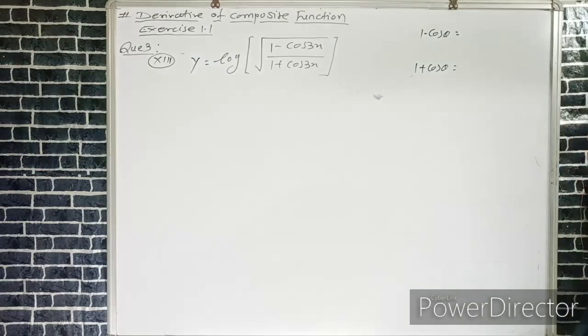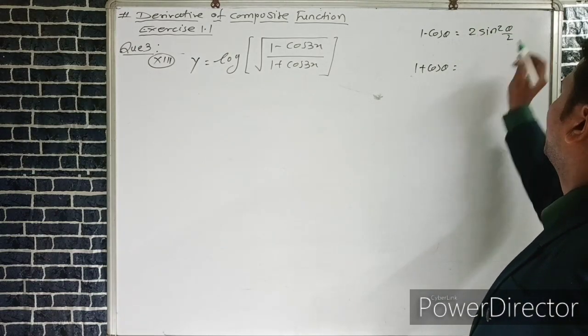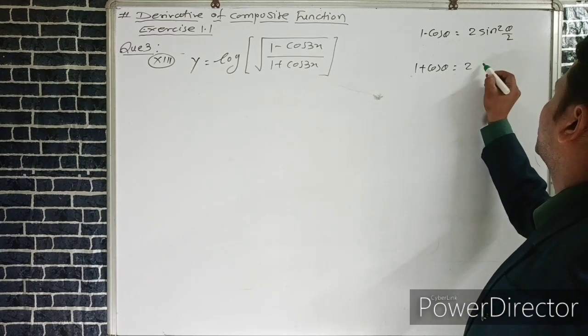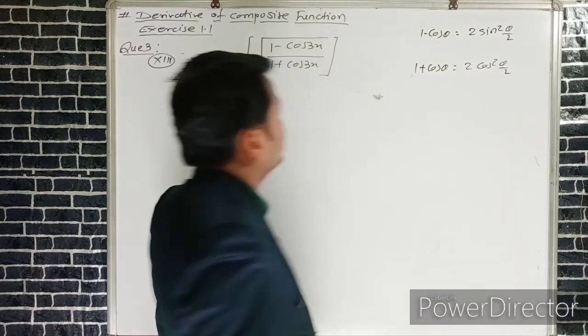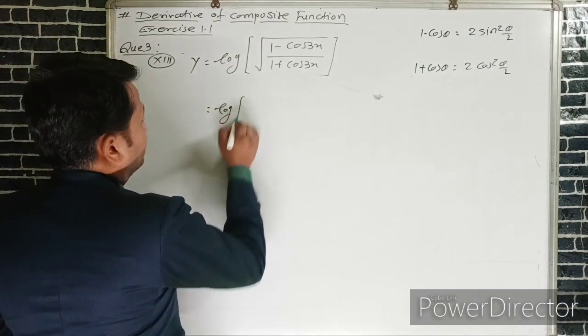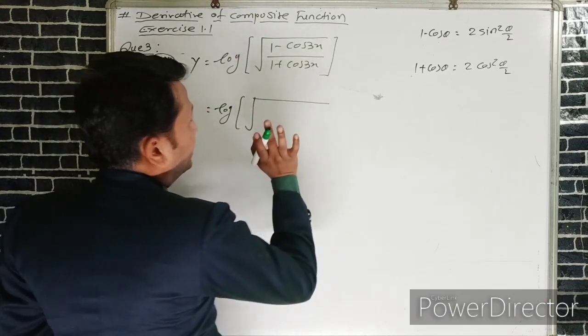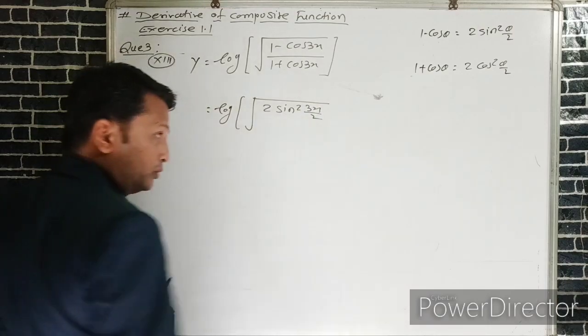We know that 1 minus cos theta is 2 sin square theta by 2 and 1 plus cos theta is 2 cos square theta by 2. So 1 minus cos 3x is 2 sin square 3x by 2.